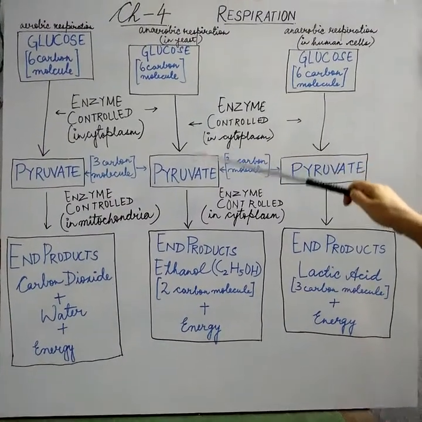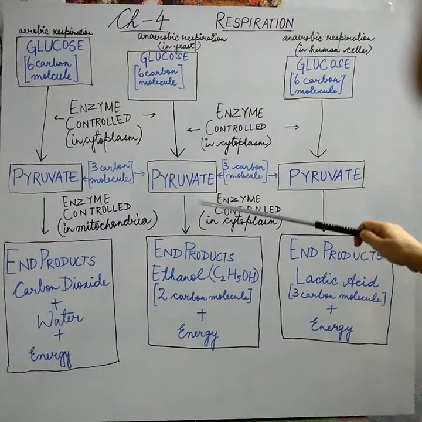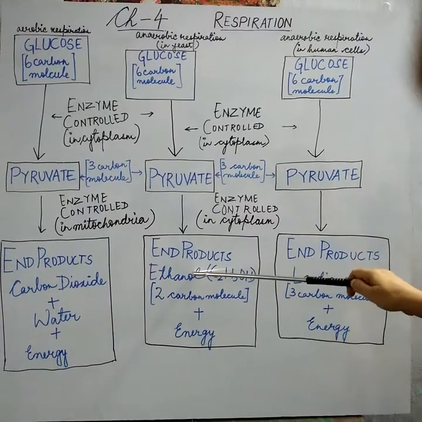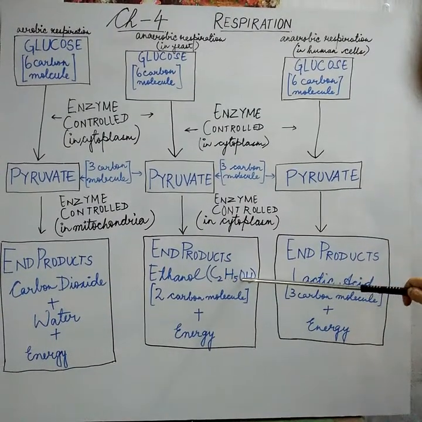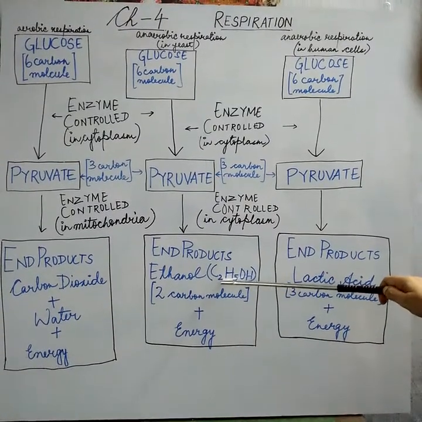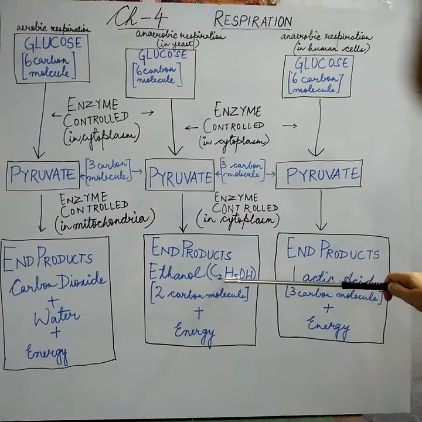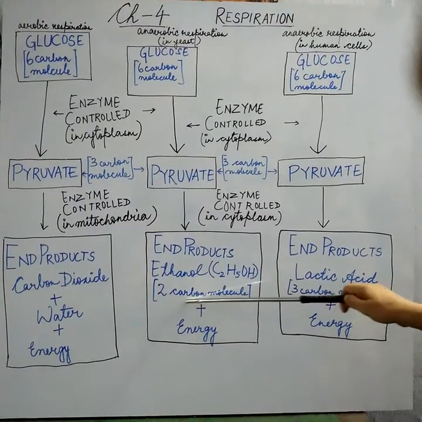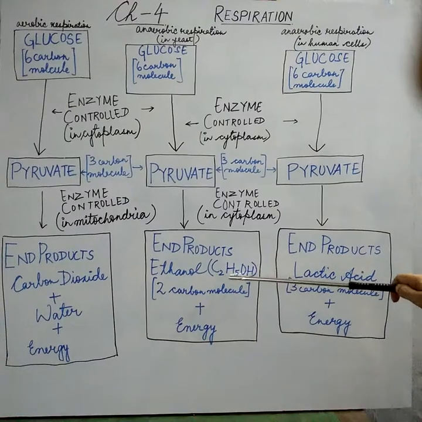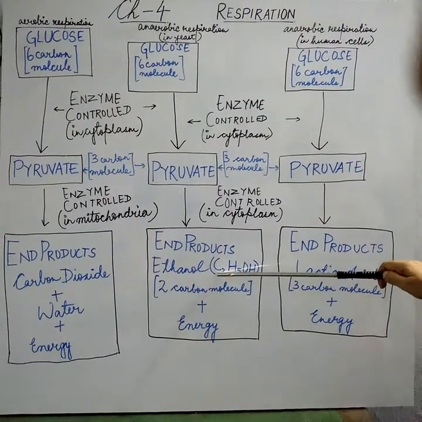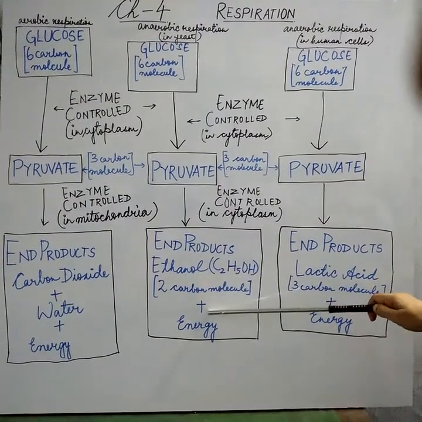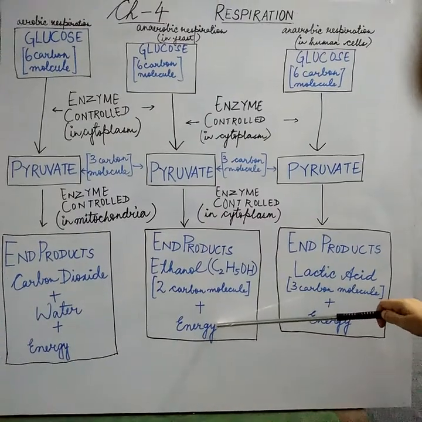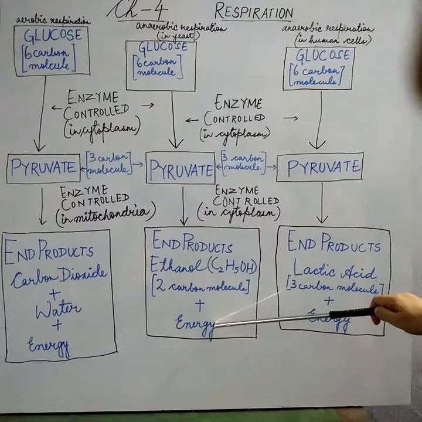Clear? Now pyruvate is converted into ethanol, that is C2H5OH, or it is also called ethyl alcohol. And ethyl alcohol is a 2-carbon molecule compound, means 2 molecules of carbon are present here, and very less amount of energy is released. Is it clear?